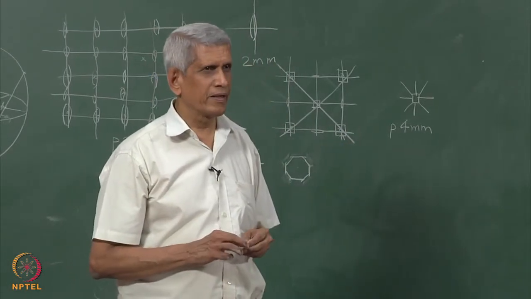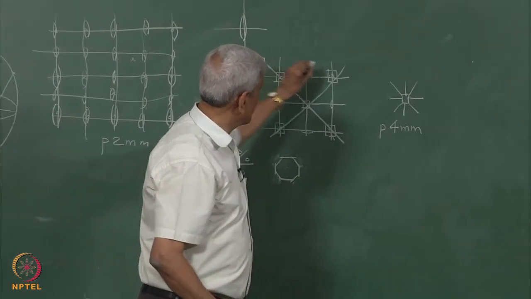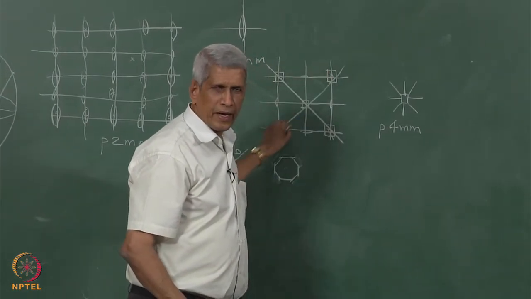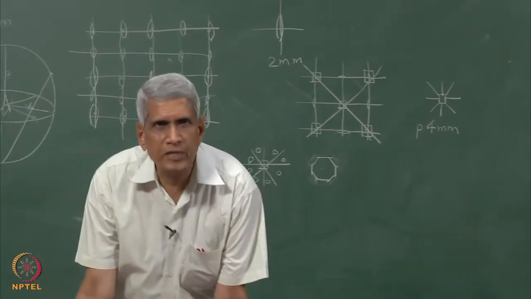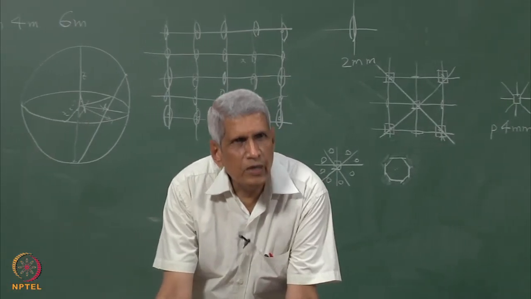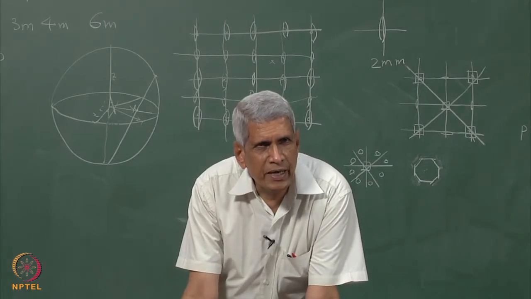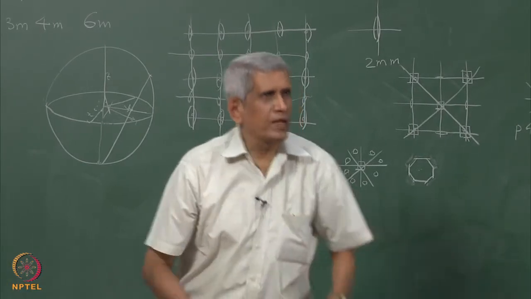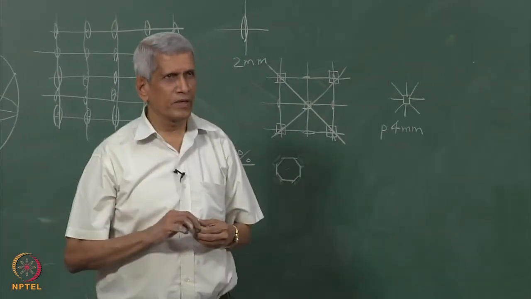Okay. If I take it and keep it here at this point, all the symmetry elements match. If the symmetry elements match with this one motif, keeping it there at the lattice point, the lattice could be generated. Is this clear?